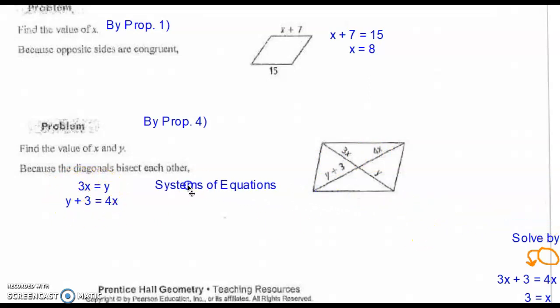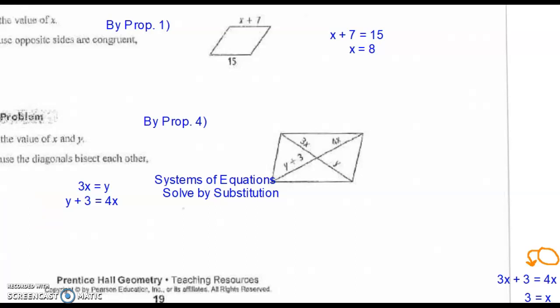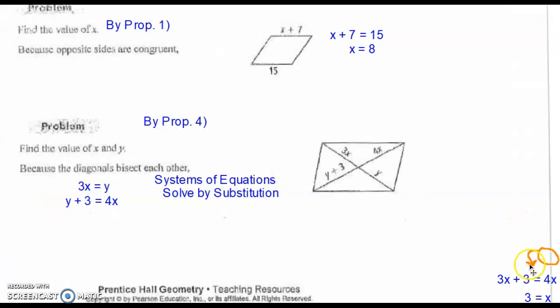Now, does anybody remember what we call two equations in two variables? That's right, a system of equations. Does anybody remember how to solve it? Well, in this one, I think it's best to solve by substitution. There are many ways to solve it, but notice what we have here. We have what y equals. y equals 3x.